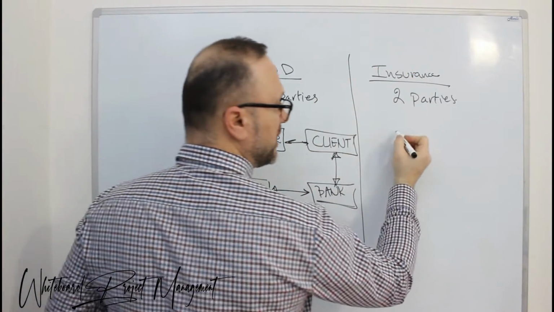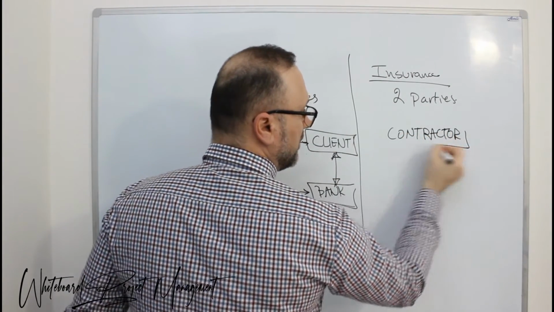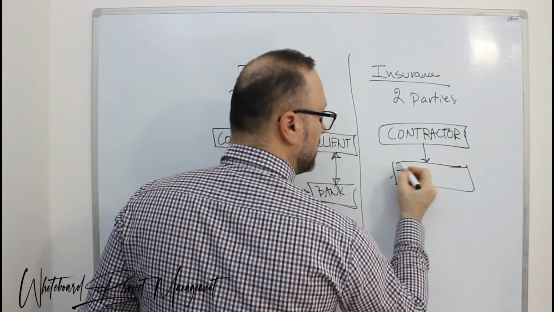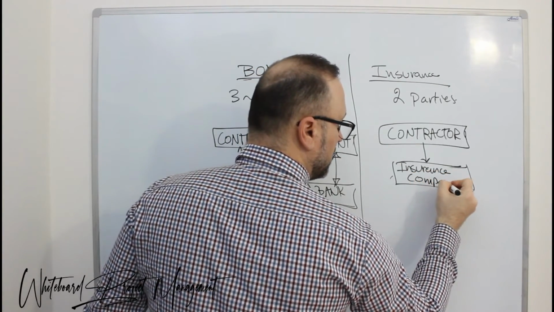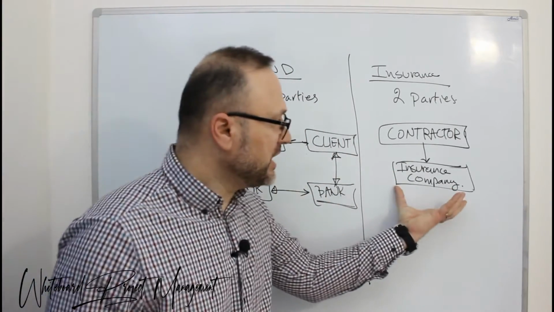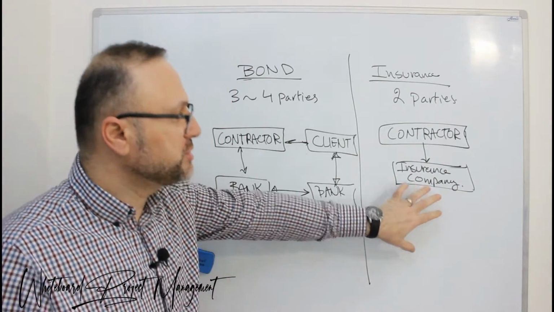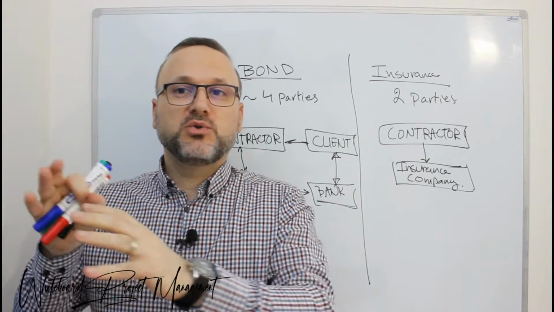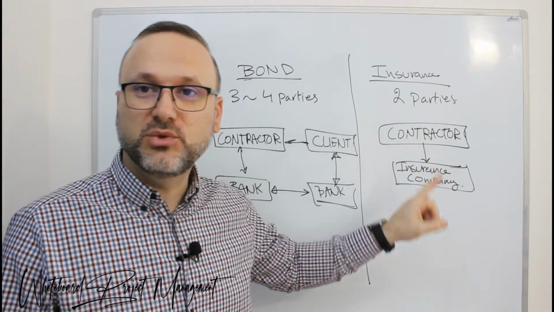While for the insurance, you have the contractor, and the contractor is making it with an insurance company. The insurance company, according to your insurance policy, insures for you that if something happens, they will pay you some money. They are paying you, not the client.